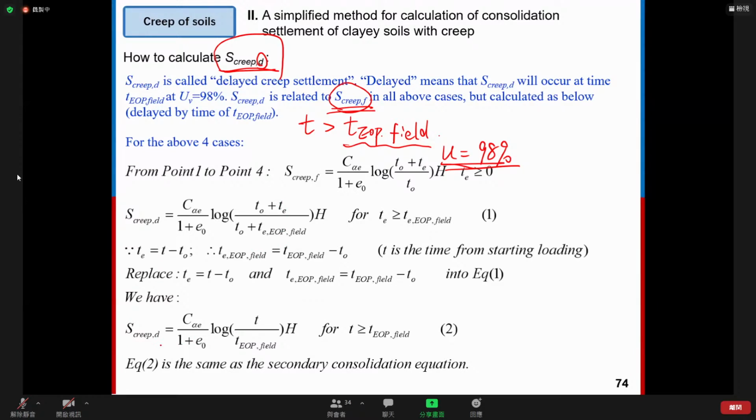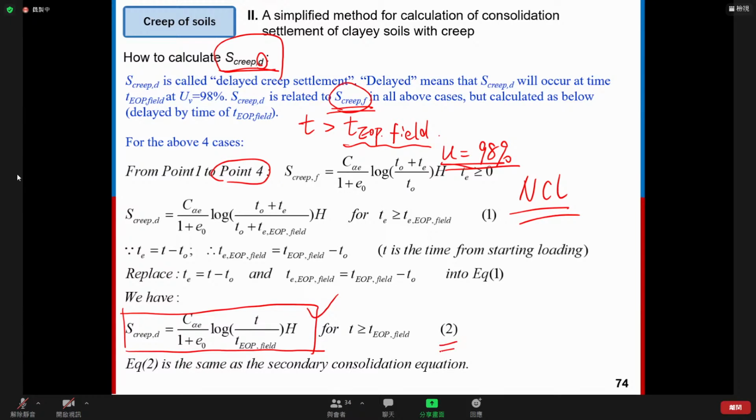You can see, when the final point is at 0.4, which is on the NCL line, we just use this equation, equation 2, to calculate S-script delay.